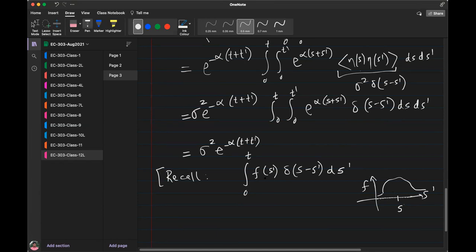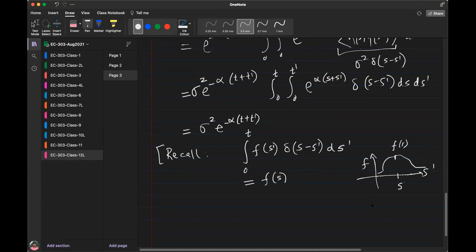Which basically means that I'm multiplying with a function which is 0 everywhere except at one specific value, and then I'm adding up all the values. So it intuitively makes sense that this integral will be basically the value of f only at this specific value of s prime. So this is the result we will use from our understanding of Dirac delta functions.